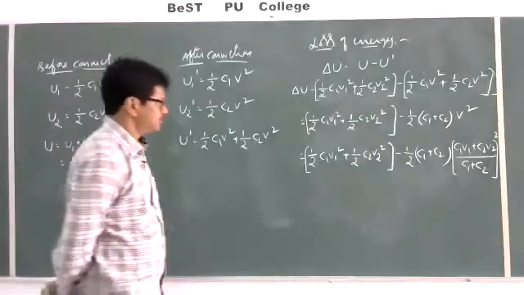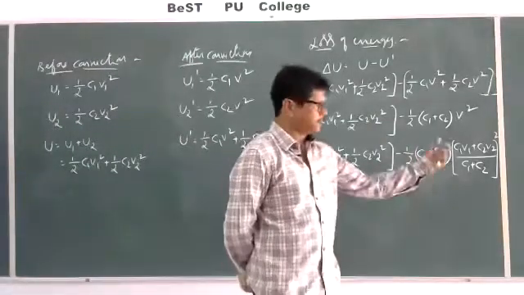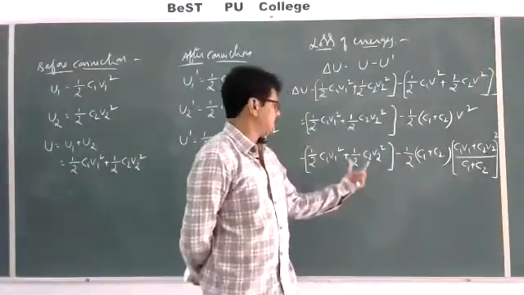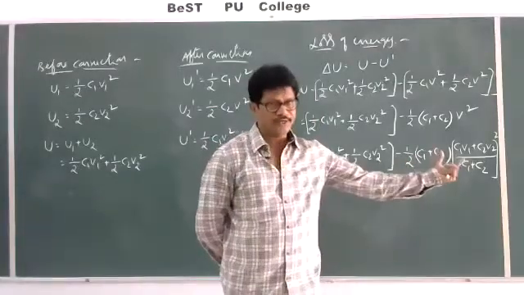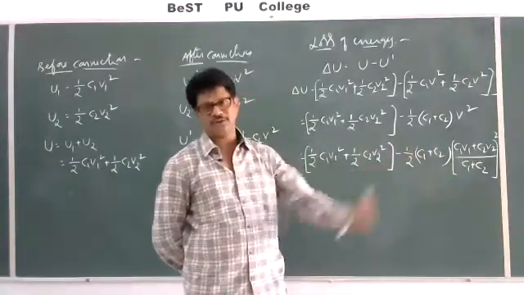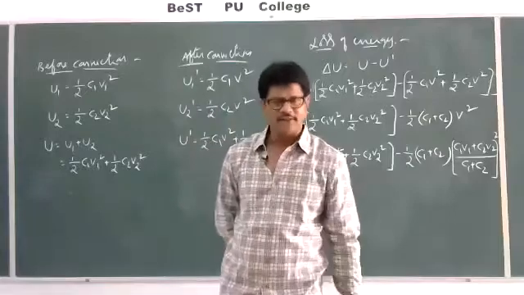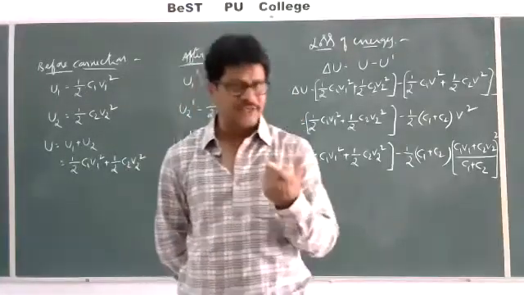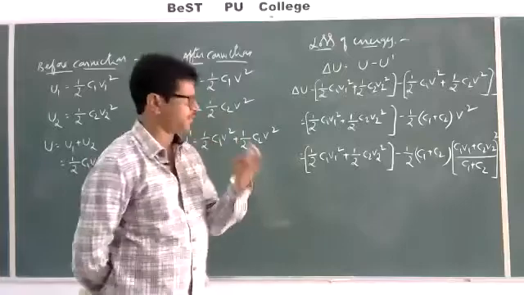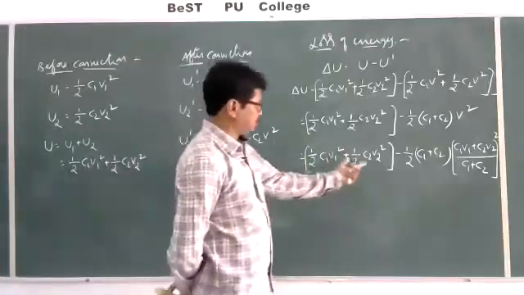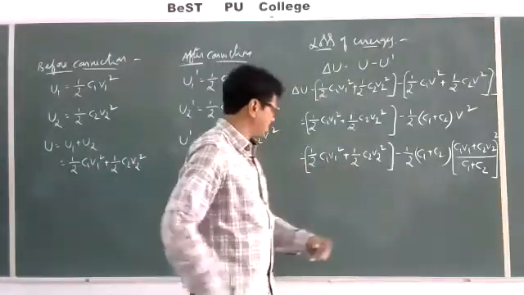If you simplify, it is the same type of derivation we did in the case of collision, while finding the loss of kinetic energy in a perfectly inelastic collision. The same formula will occur here also.